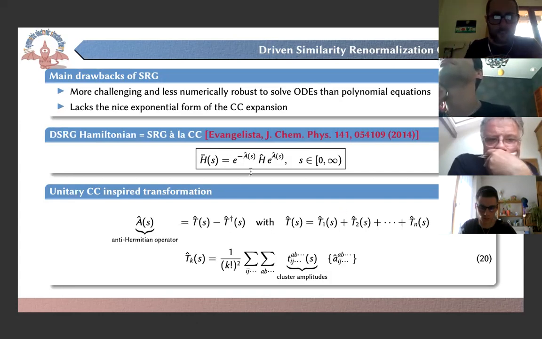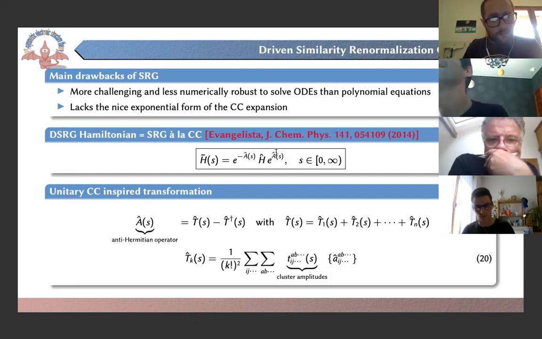So here, instead of having this operator U, we are going to exponentiate the transformation. So here you use the exponential of A, and that's a unitary transformation. Why is it a unitary transformation? Because A is an anti-Hermitian operator, and you know that if you take the exponential of an anti-Hermitian operator, you always end up with a unitary transformation.